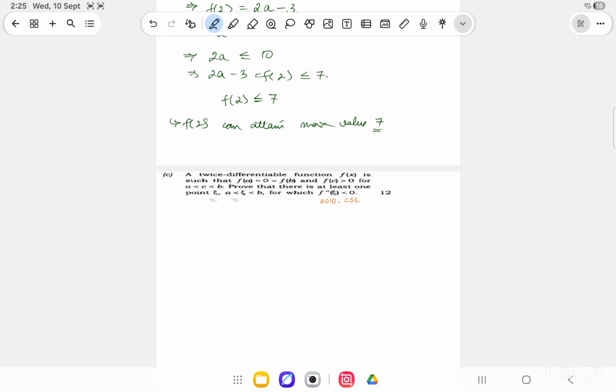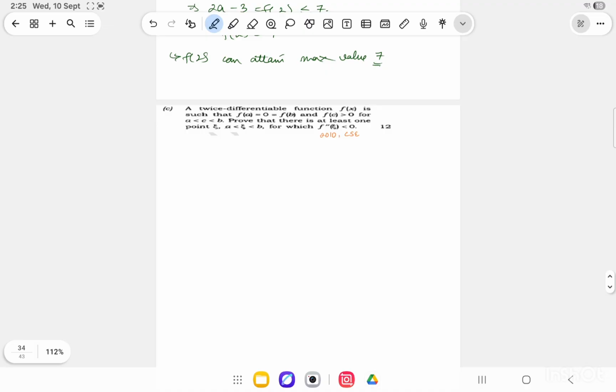So the next question says that f(x) is a twice differentiable function, and we know that differentiability is basically a sufficient condition for continuity. So from here I can say that f and f dash are continuous and differentiable.